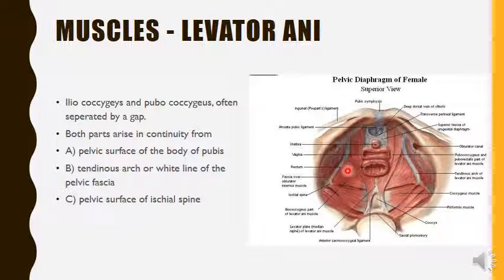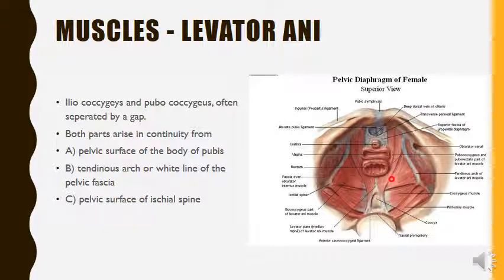The levator ani is a broad sheet of muscle with variable thickness, attached to the internal surface of the true pelvis, and forms a large portion of the pelvic floor.